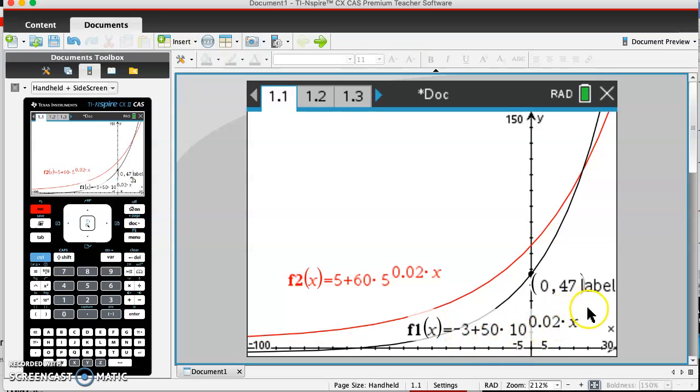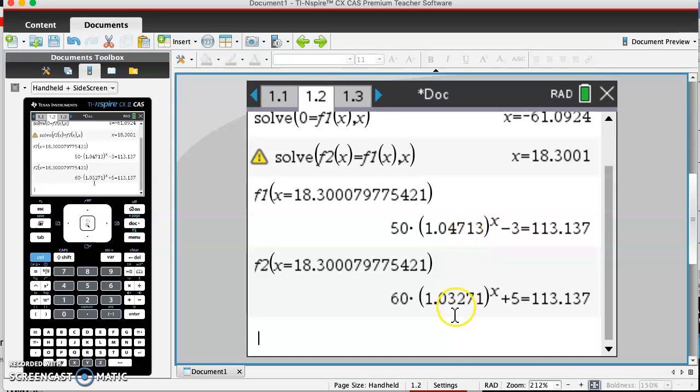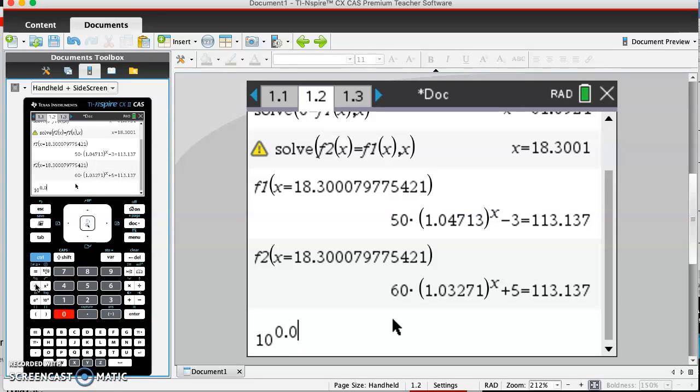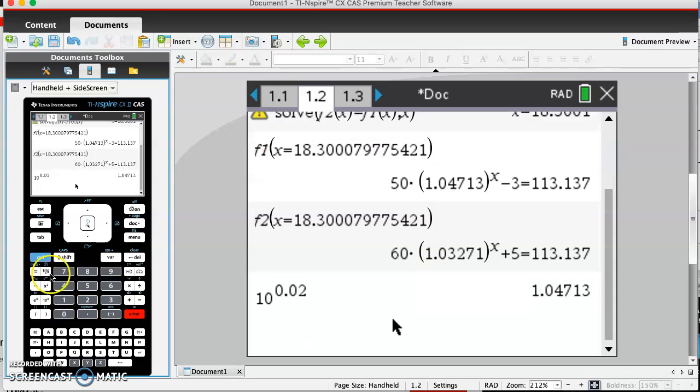Down here for my black graph. They look a bit different on this page. The reason is that the calculator has taken a shortcut. 10 to the power of 0.02 was equal to that one there. So it's just kind of simplified the equation a bit, but it is still the same equation.